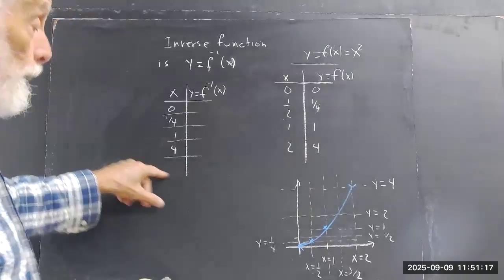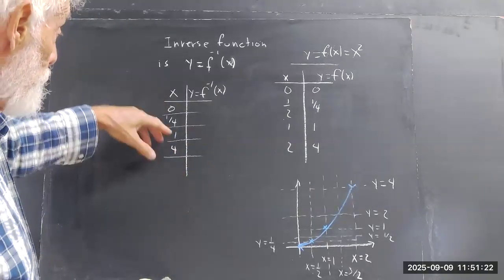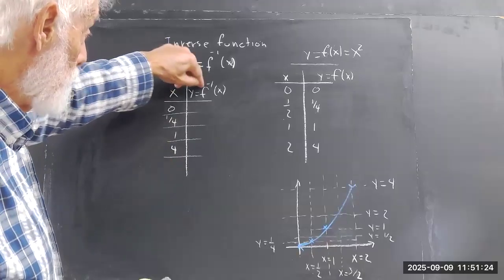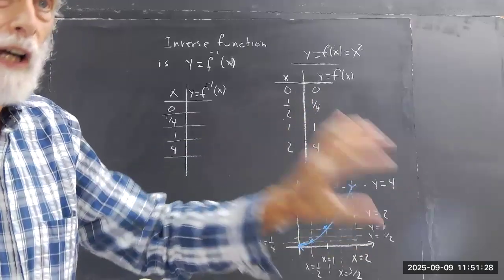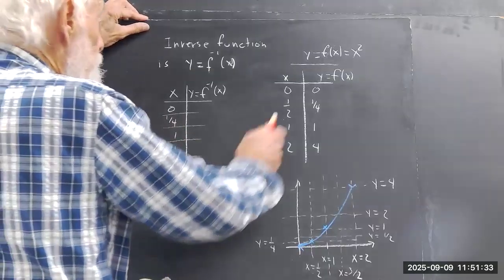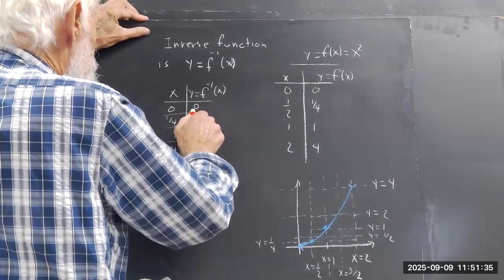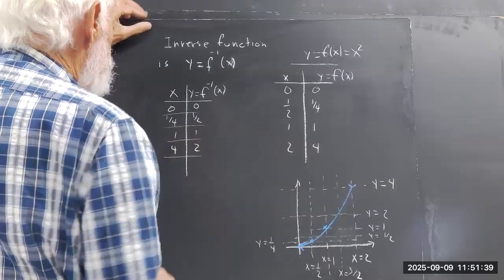The y values here become the x values here. Some people did this table correctly, but labeled this y and labeled this x. We don't switch the labels. We switch the values of x and y. And then, of course, the numbers in this column are 0, 1/2, 1, and 2.